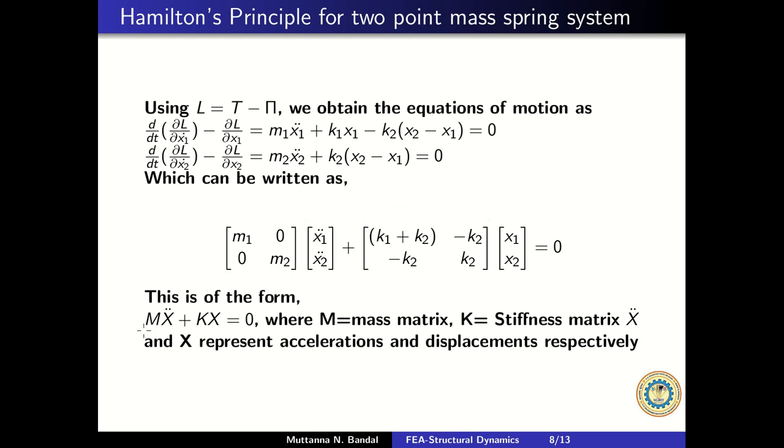So that can be written as M, the mass matrix, into the acceleration x double dot, plus the stiffness property capital K into x displacement, is equal to 0. Here M is the mass matrix, K is the stiffness matrix, and x double dot and x represent acceleration and displacement respectively. Hence Hamilton's principle helps us to derive the equation of motion of each mass in a structure.